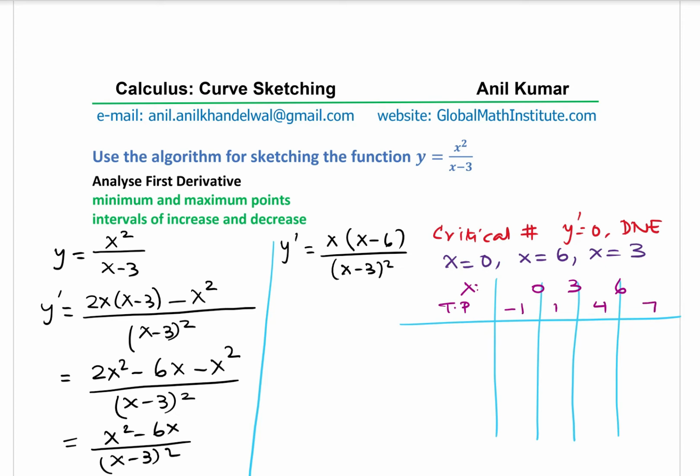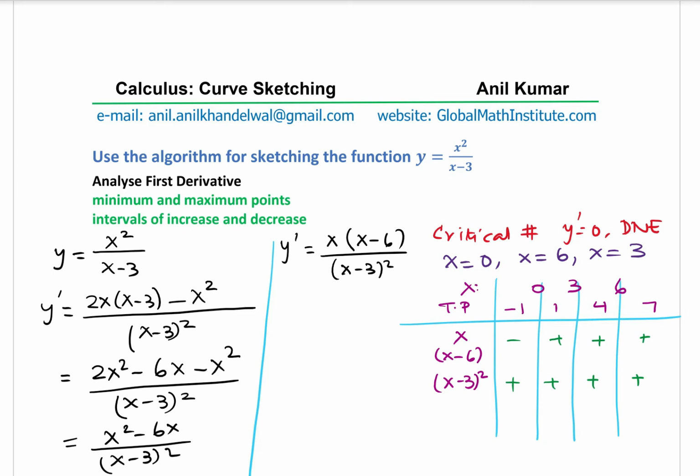The factors which we are looking at are x, x minus 6, and (x minus 3) whole square. For the square, it is going to be always positive, so all 4 positive. For x, it is going to be the same as the test point.